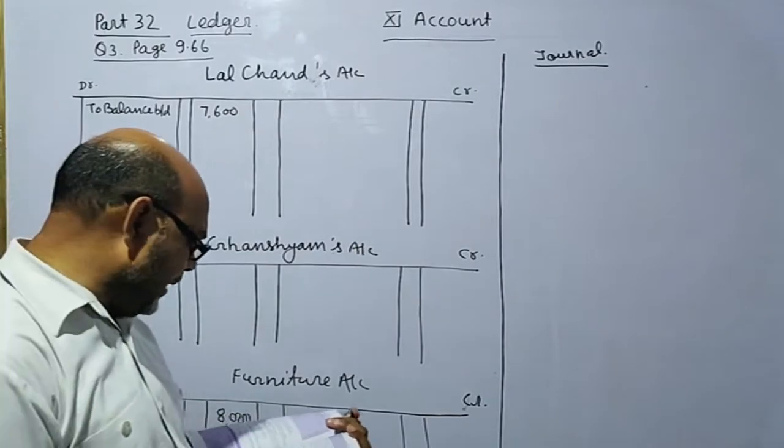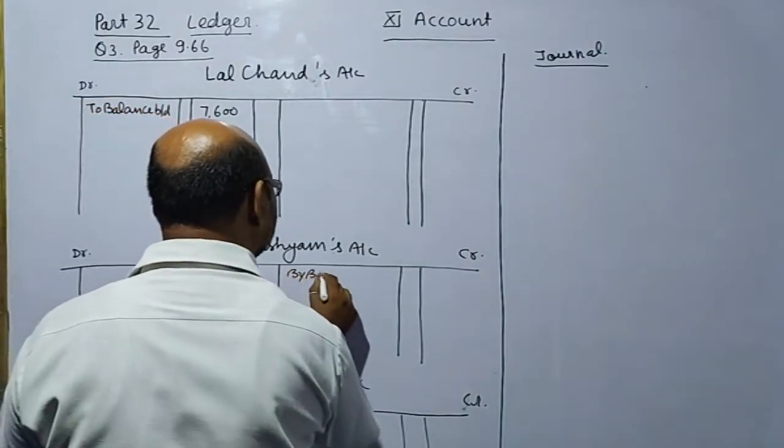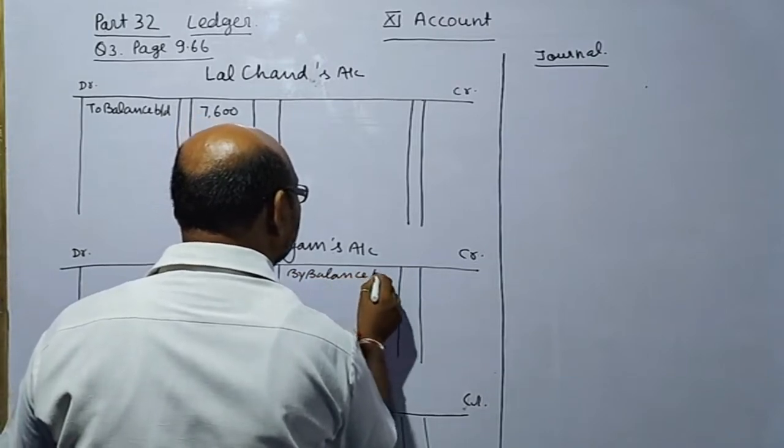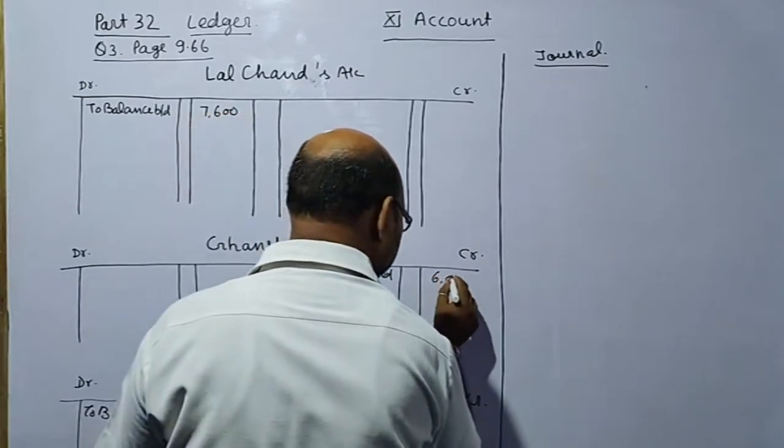Now Ghanshyam is the liabilities, so credit balance we will write here by balance BD, that amount is 6,000.